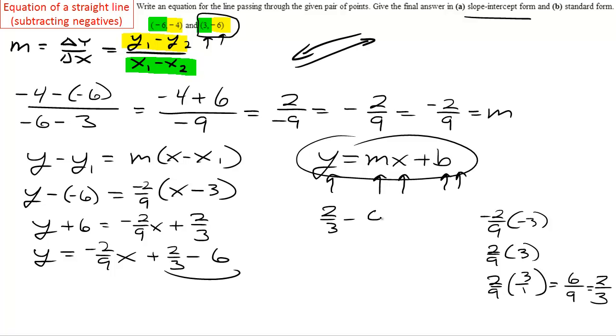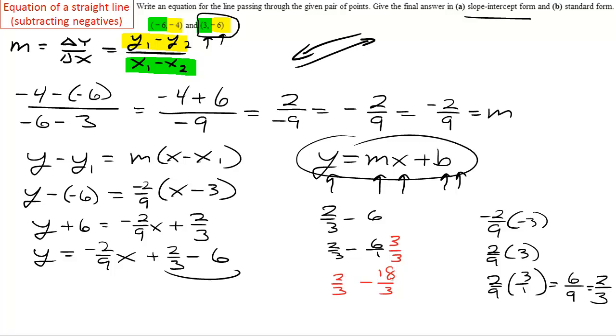2/3 minus 6 is the same thing as 2/3 minus 6 over 1. Now we need a common denominator, so I'm going to come along and multiply this thing top and bottom by 3, right? 3 over 3, because that's just 1. And that gives me 18/3.